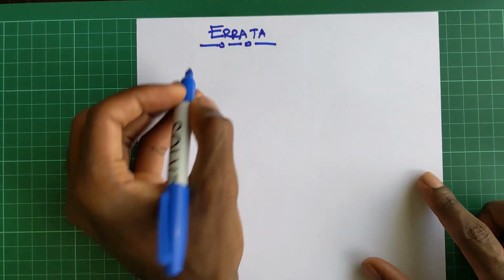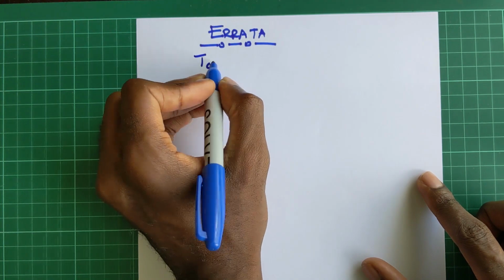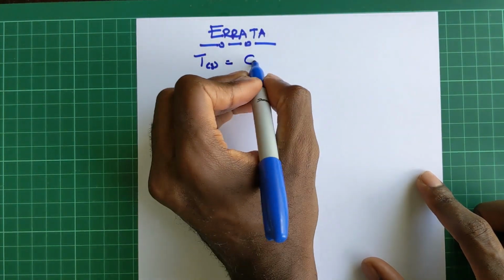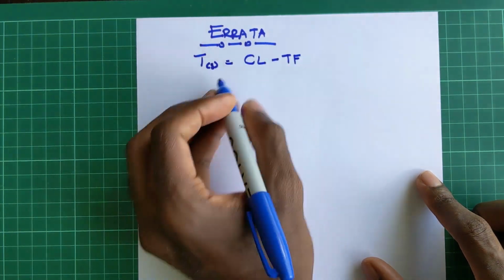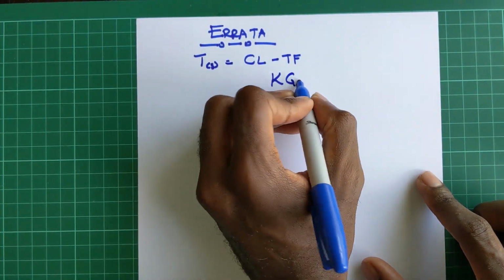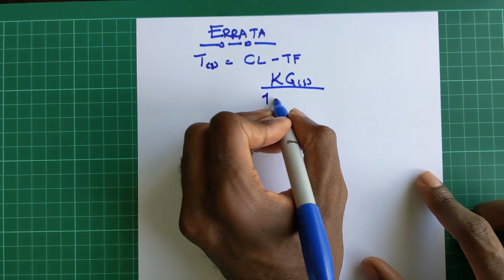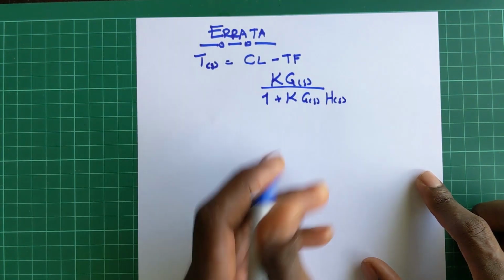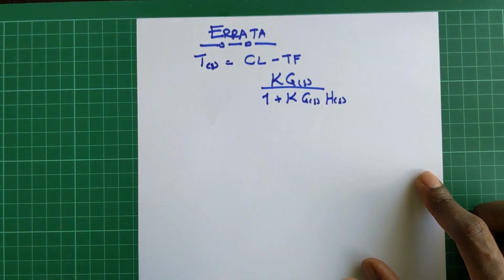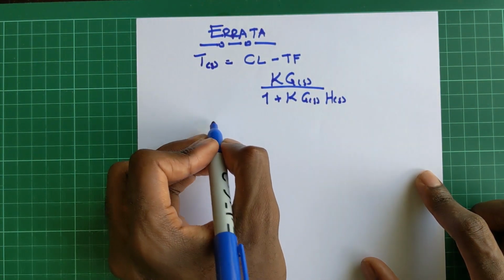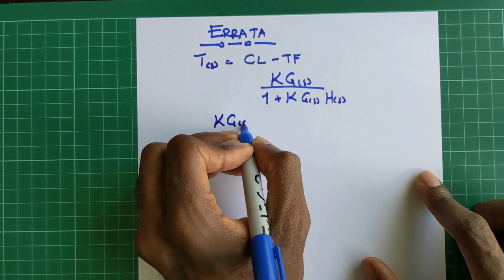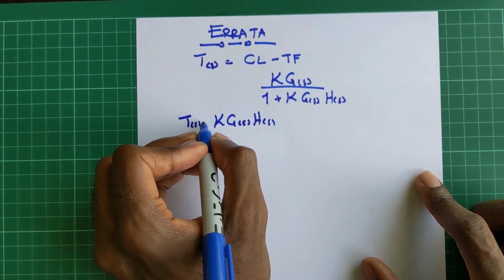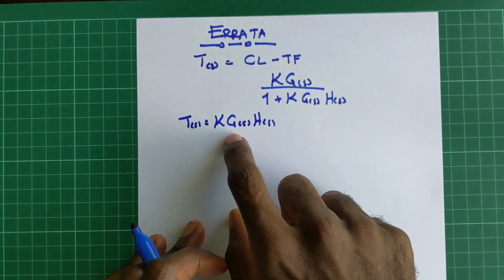What I'm calling the closed loop transfer function T(s) in this particular case is not actually the closed loop transfer function, which, as you recall from the beginning of the video, was given as kG(s) all over 1 plus kG(s)H(s). But what we're actually dealing with is kG(s). That's the transfer function that I'm going to give. So whatever I give as T(s) equals kG(s), that's the transfer function I'm giving.